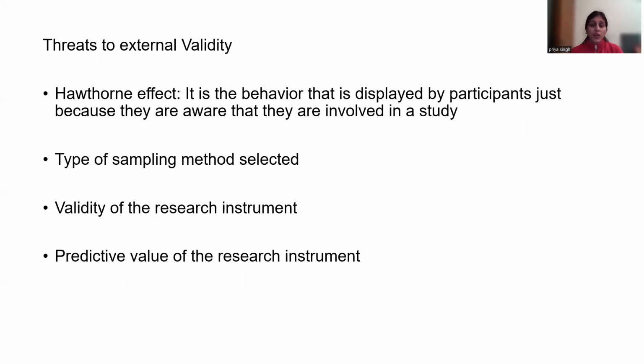Threats to external validity include the Hawthorne effect. It is the behavior that is displayed by participants just because they are aware that they are involved in a study. Other threats include type of sampling method selected, validity of the research instrument, and predictive value of the research instrument.